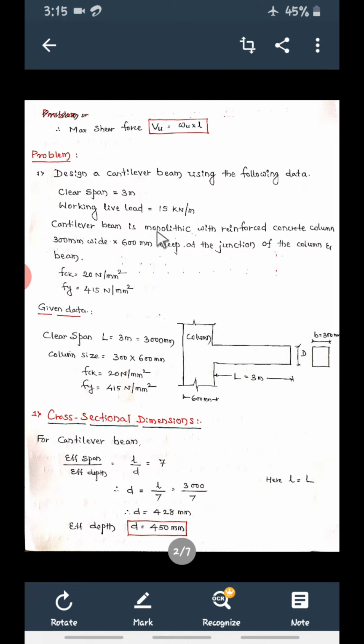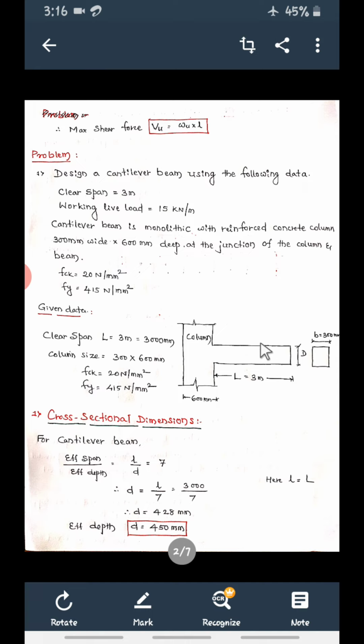The column size is given. It is 300 by 600. The column has two dimensions: one is the width of the column, another is the depth of the column. Depth does not mean the length. See, this is the depth of the column, and the width will be like this. This is 300.